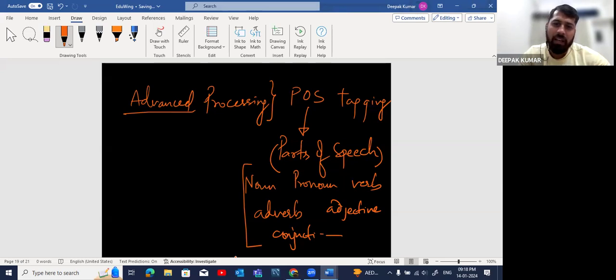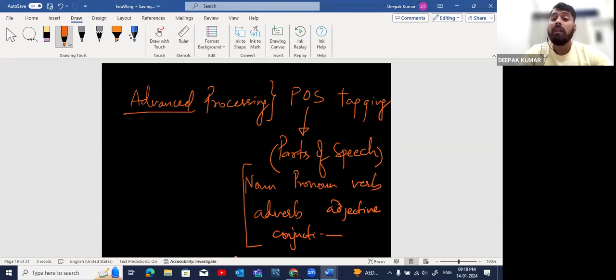If I say Ram is dancingly going, it means he is in a joyous mood, or Ram is joyously going. So I have added a modifier to the verb. Such things are supposed to be handled while we tag our text in POS, parts of speech.